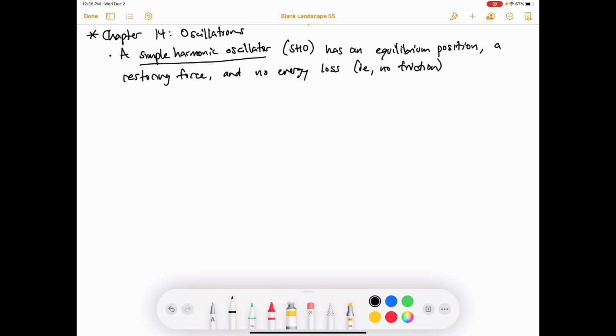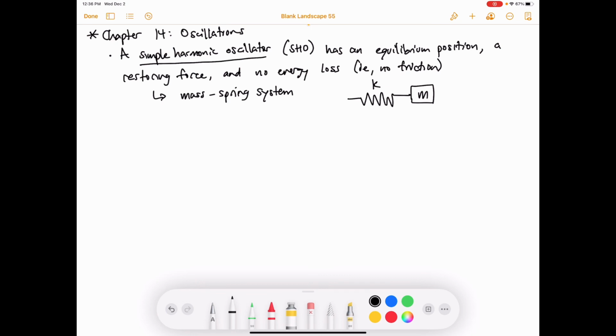Okay? And the classic example, the one we sort of went to the most in this chapter, was the mass spring system, which basically consists of a mass and a spring, which are connected to each other. Let's draw that a little better. So here's the spring. Spring constant is k. Here's the mass, m. And the spring definitely has an equilibrium position where the force is equal to 0.